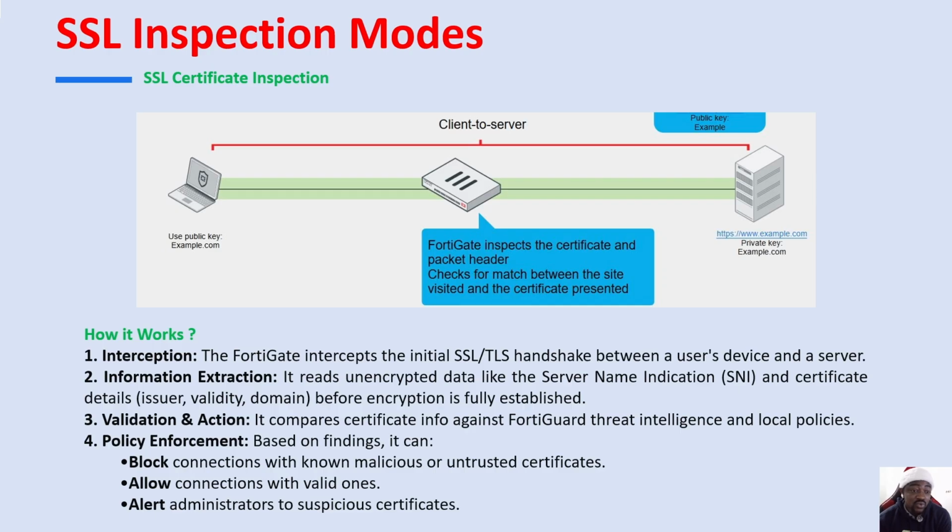FortiGate collects information on the certificate, like the issuer, the validity, and the domain before forwarding the traffic to the destination. If there is any mismatch or any non-compliant information, action will be taken.